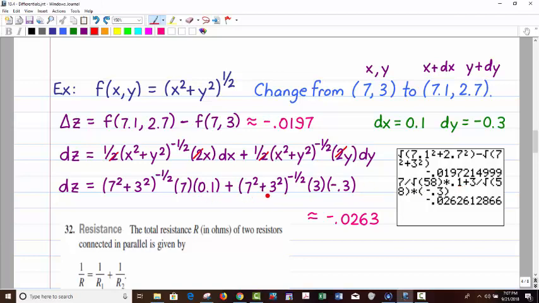And then same thing over here, we're dividing by the square root of 58, except we have 3 divided by the square root of 58, and then times negative 0.3. And we get an answer of negative 0.0263. So once again, that's not super close, but it's not far enough of a difference to make us concerned about it. It's kind of in the same general ballpark.